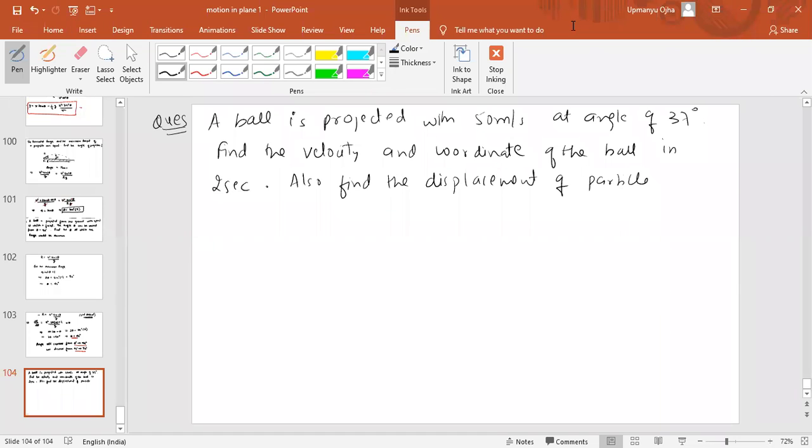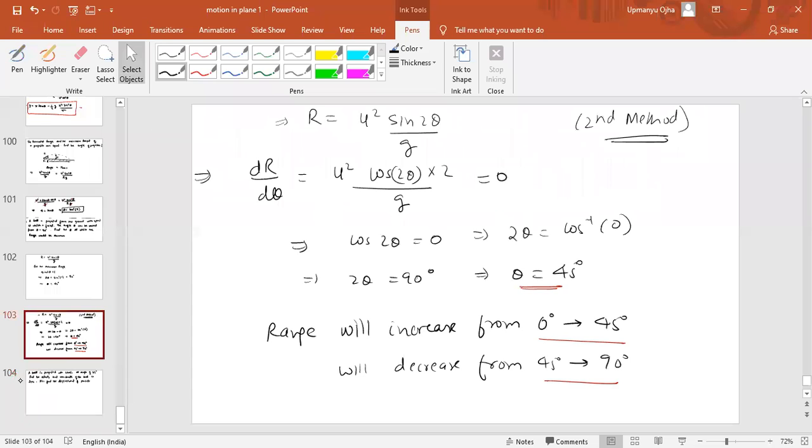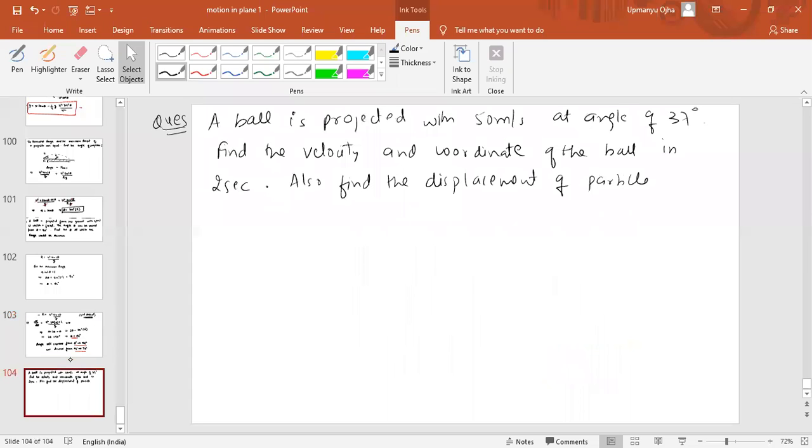In Seeker's material, we have this type of problem. I will give you, or you can solve from Seeker's material. The projectile problems are there. In NCERT it is there, but the problems are less. But in Seeker's material, you will find a lot of projectile problems.